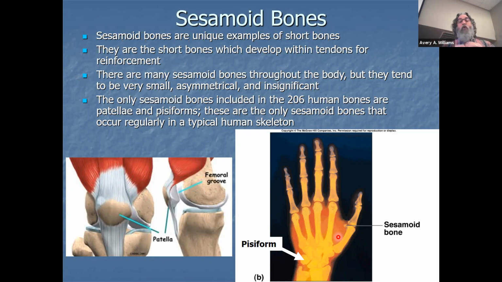The word sesamoid means of or like a sesame seed, because most of them are small little pieces of bone in tendons. And the idea is that this hard mineralized tissue reinforces that tendon. You think about your knee.